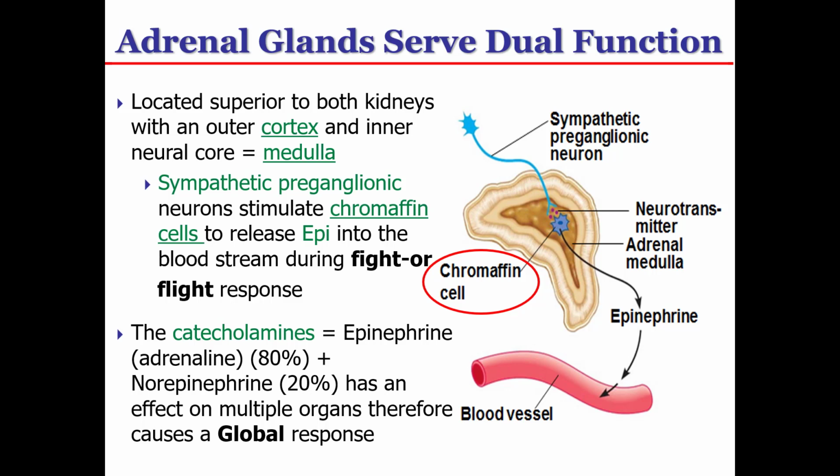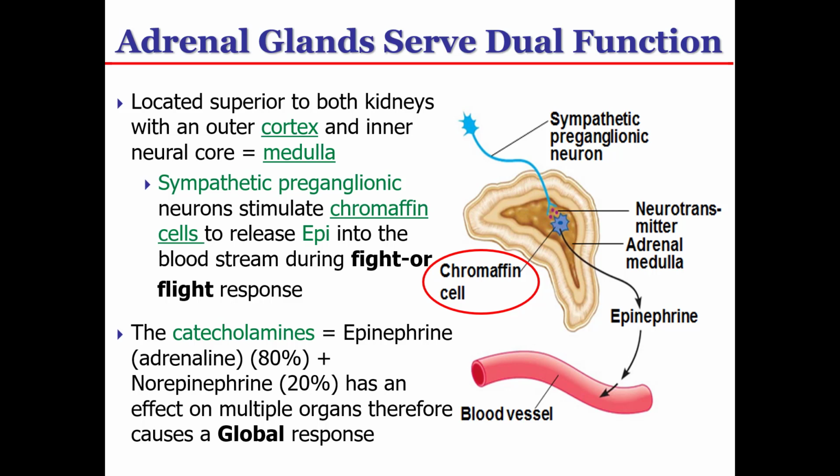So the neuron is synapsing with the cells inside the adrenal medulla, and epinephrine is released, or adrenaline, in an 80-20 ratio. And it has a global mass activation effect.